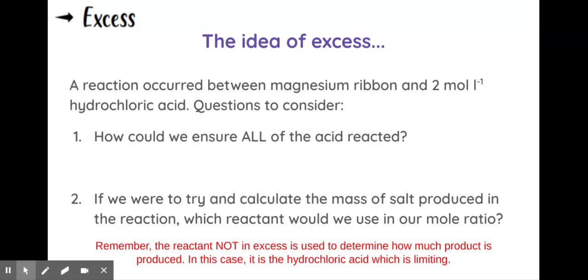What would we have to do to make sure that every single molecule of your acid has reacted? Number 2, if we were to calculate the mass of salt produced in the reaction, which reactant would we use in our mole ratio?